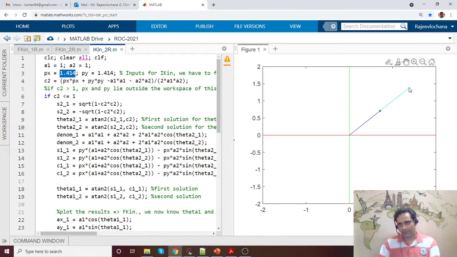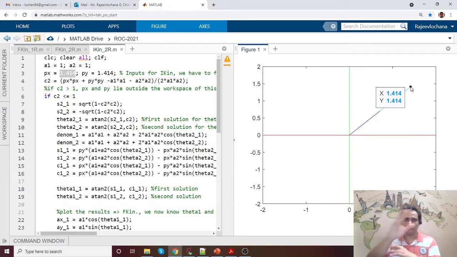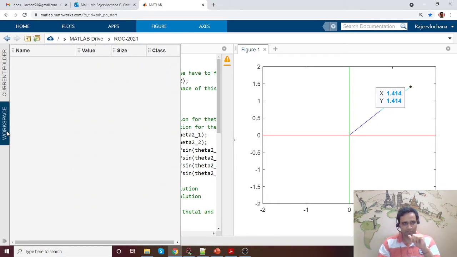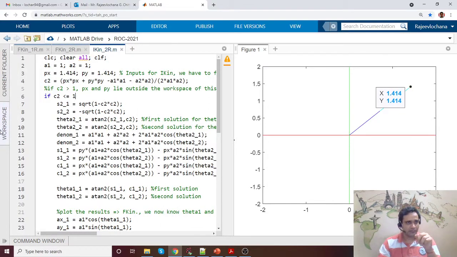So if I want to reach this step 1.414, both the lines have to be aligned in the same direction. And if you want to find out the values of theta 1, theta 1 will be 45 degrees, theta 2 will be 0. So to know that, we'll go to workspace. Why workspace is not generated, I don't know.